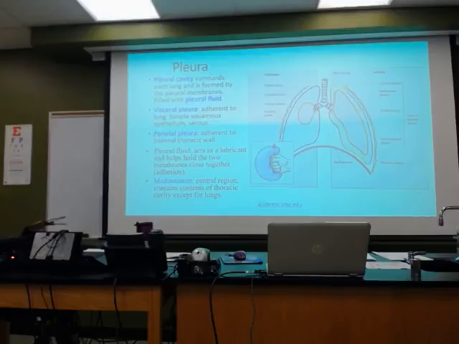Having that attachment to this inner thoracic wall and being within their own cavity, so to speak, but having that outer portion have a connection to the thoracic wall, it's going to be one of the things that's going to help with respiration.